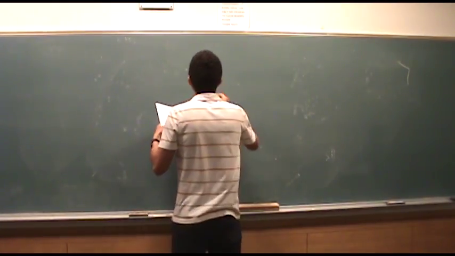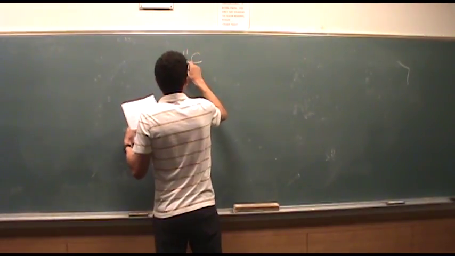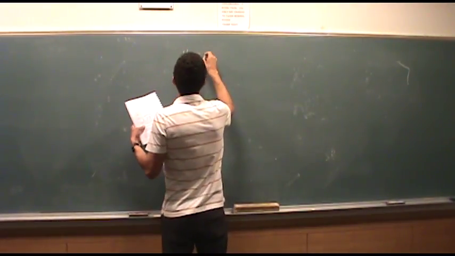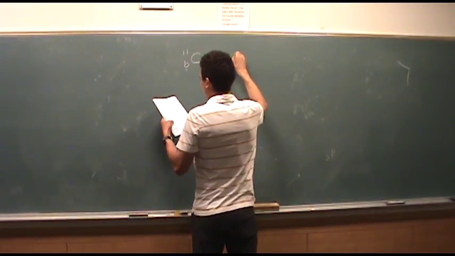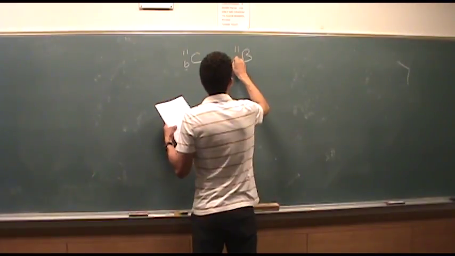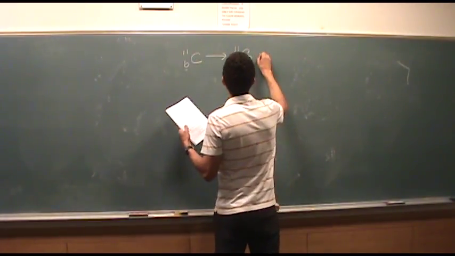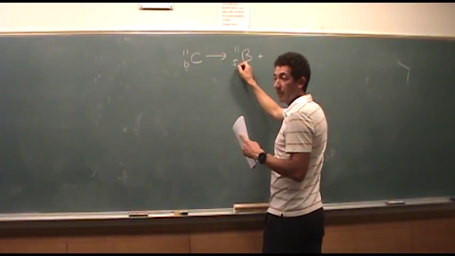Okay, carbon 11. I get the 6 from the periodic table. It goes to boron 11, which from the periodic table is 5. Positron emission, which we could get just by looking at the balancing.